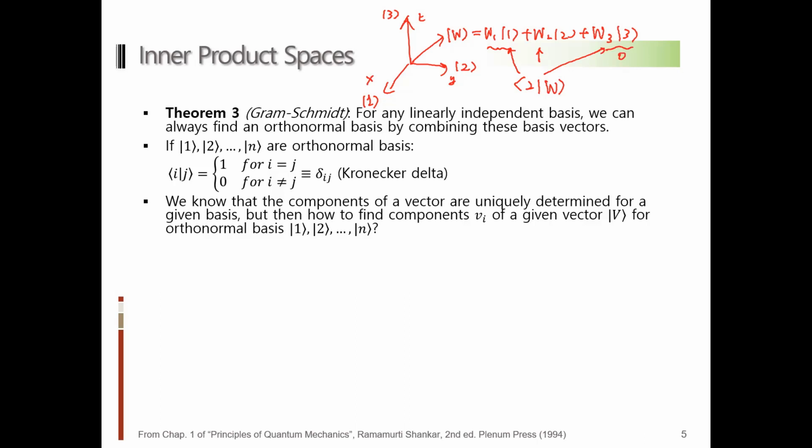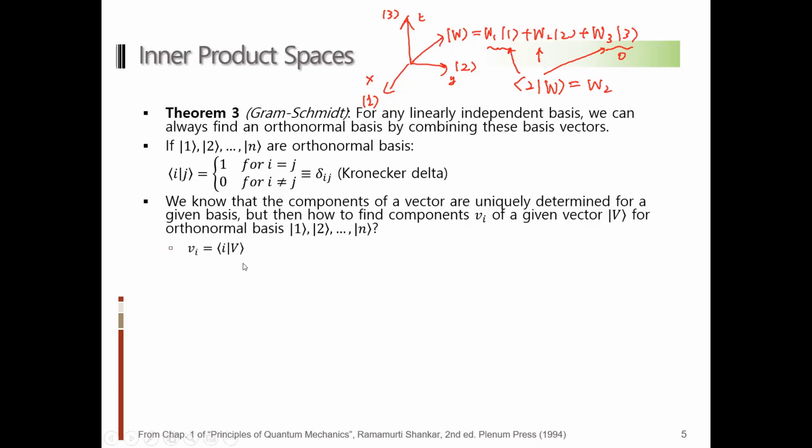So just by taking the inner product between basis number 2 and the w vector, we end up with just W2. As long as the bases are orthonormal, finding the vector component is very simple, and it can always be generalized in this way.